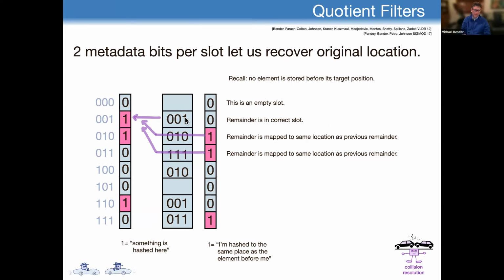I'm not sure it's a really good example because you have 111 over there, so you will always collide, right? In this particular example, yes.